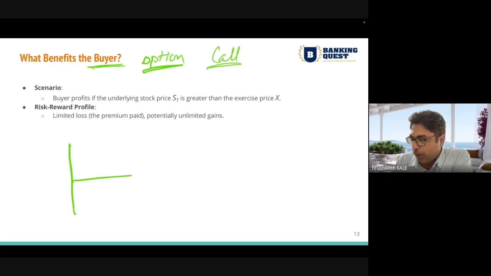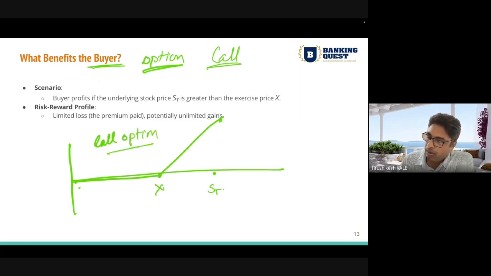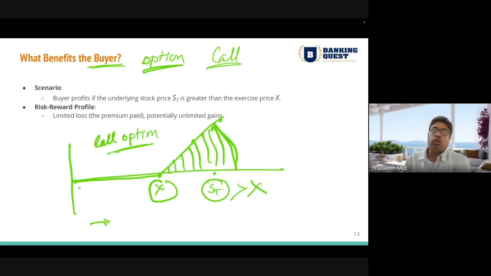So always remember, for a long call option, it is always beneficial when your spot price is greater than the exercise price. So when ST is greater than X, then only you will be in profit. Otherwise, you will not be.